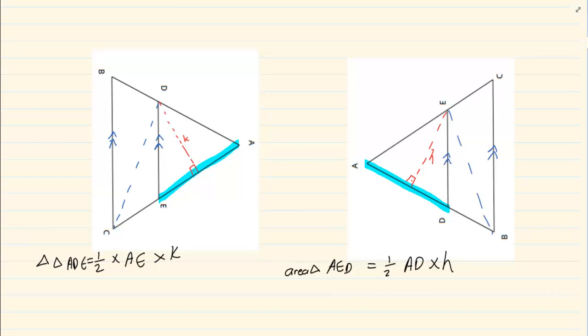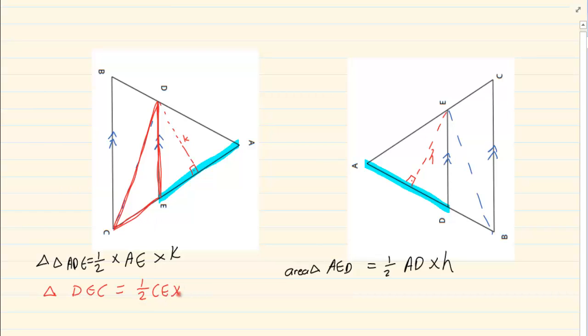Now, I'm working with triangle DEC. Can you see that? Now, what is my base? If I'm working with triangle DEC, you're going to tell me it's a half, my base is CE.